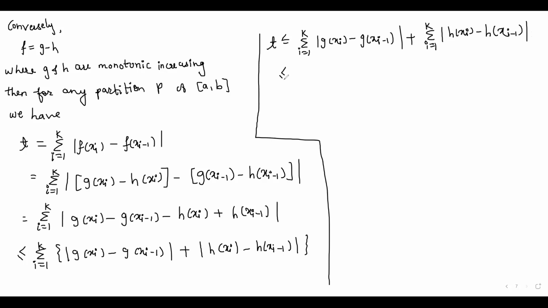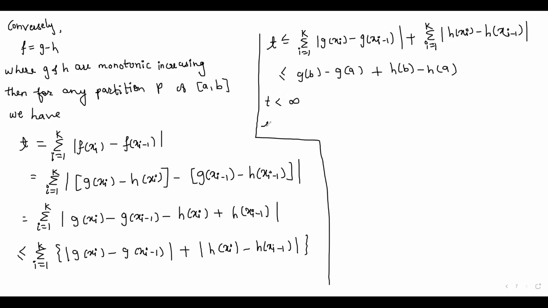So this is less than or equals to g of b minus g of a plus h of b minus h of a. So therefore this T is less than infinity.